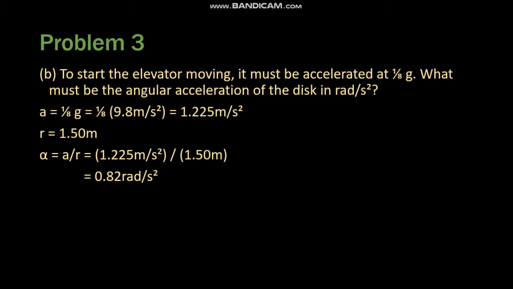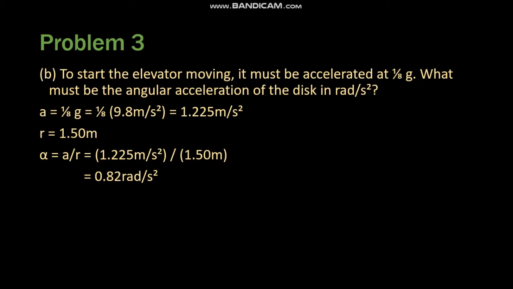As stated in the problem, our radius is given. It's 1.50 meters. The formula for the angular acceleration is acceleration over the radius. So using this formula, let's just plug in the values: 1.225 meters per second squared divided by 1.50 meters.